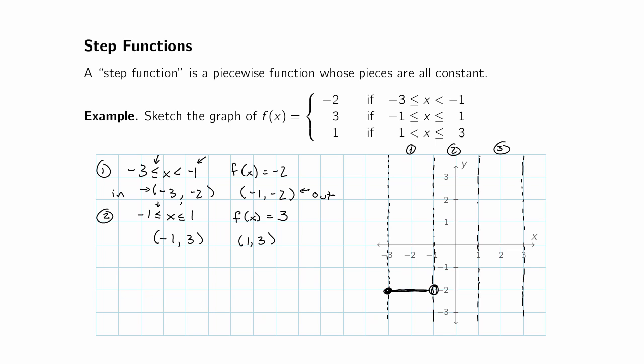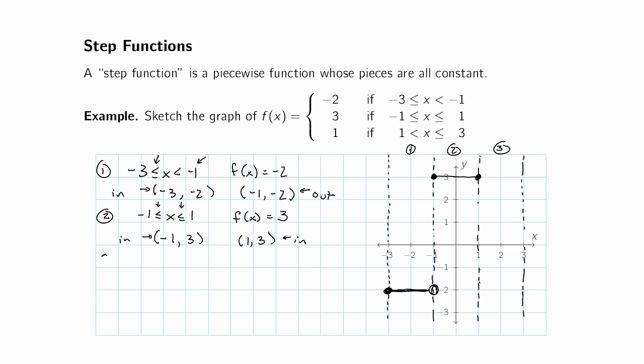X is allowed to equal both -1 and 1 on this piece. So both endpoints are in. We'll have a filled in dot at -1, 3, and a filled in dot at +1, 3. And we connect those with a horizontal line.